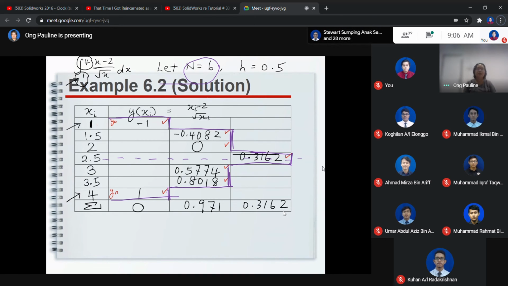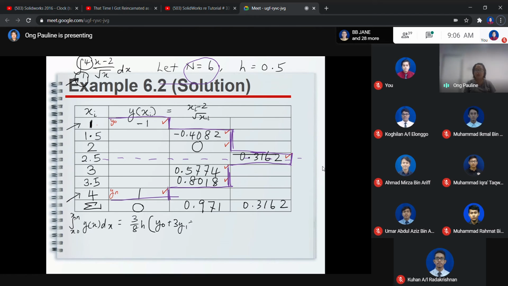Right? Okay, so I know that for the Simpson's 3/8 in general, ini rumus dia. I have 3/8 h, then I have y0 plus 3, 3, 2.